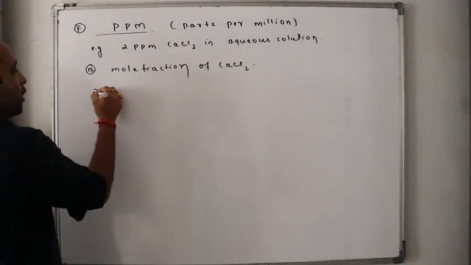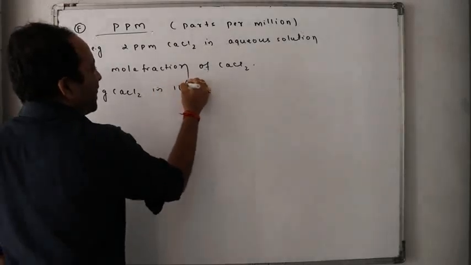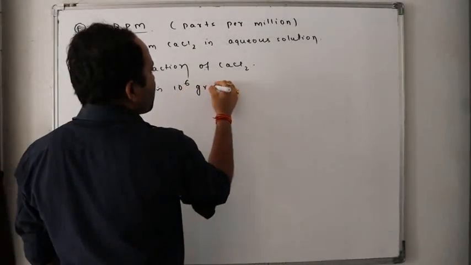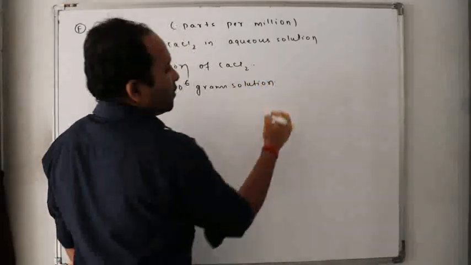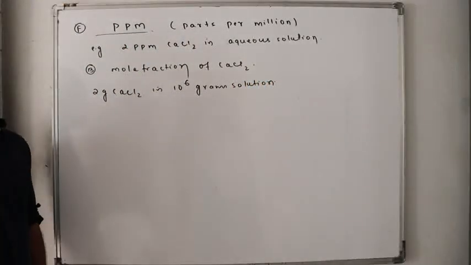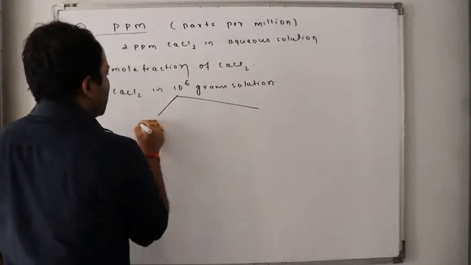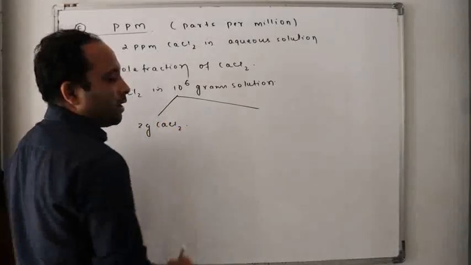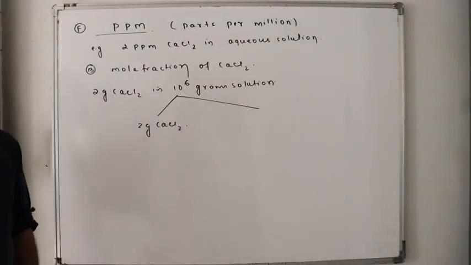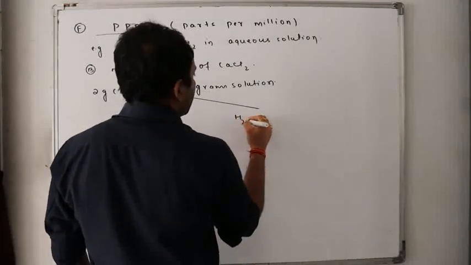Now again, 2 gram CaCl2 in 10 to the 6 gram solution, isn't it? In 10 to the 6 gram, can I divide this into two parts? Here 2 gram CaCl2 is there. That means how much is the rest, water?